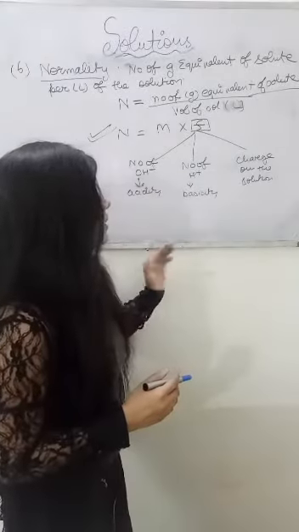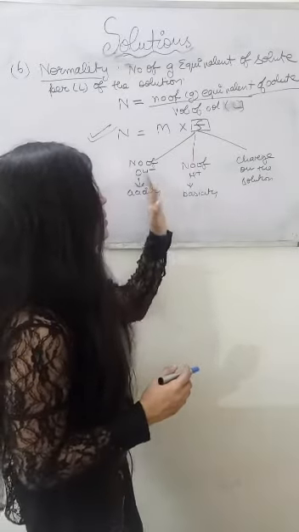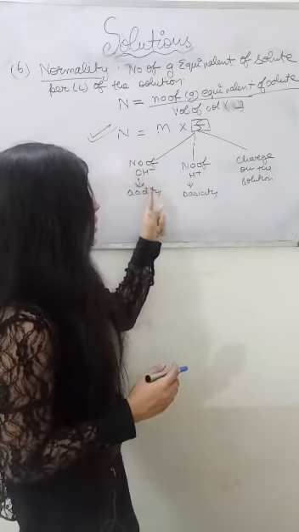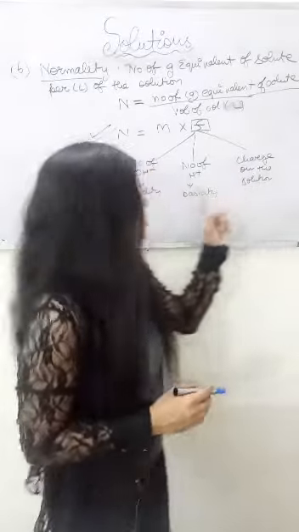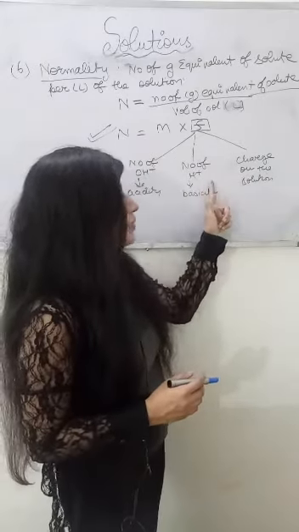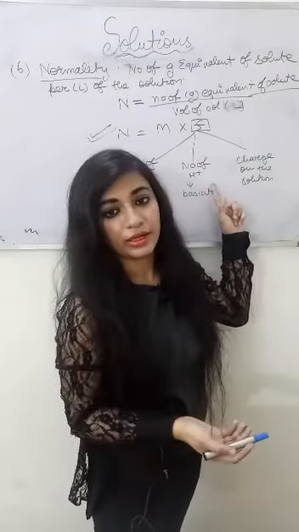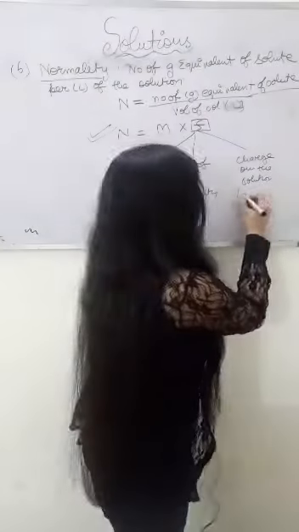But here you can take some idea of it: if the number of OH ions is present, you can find the F factor. That is the acidity of the reaction. If the number of H ions is present, you can also find the F factor. And if charge is present, whether positive or negative.